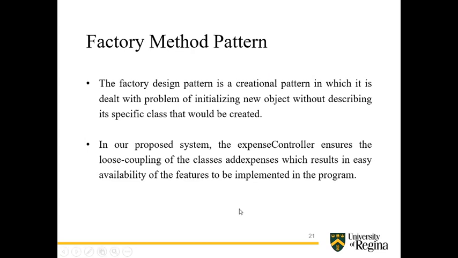Factory method pattern. It is a creational pattern which deals with the problem of initializing a new object without specifying the specific class that would be created. So in our proposed system, the expense controller ensures loose coupling of the classes add expenses, which results in easy availability of the features to be implemented in the program.